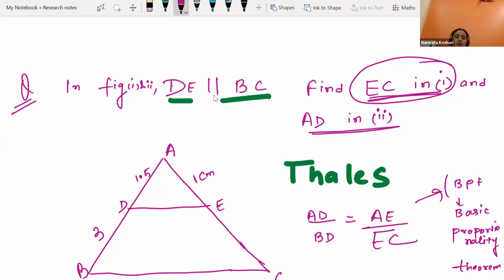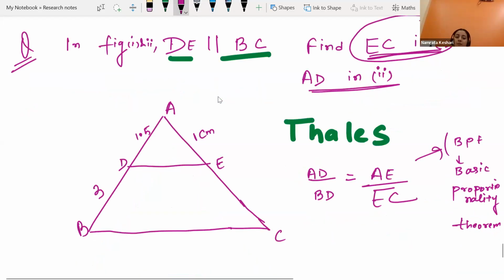Yes. What are you getting as EC? AD is 1.5. BD is 3. AE is 1. And what is EC?